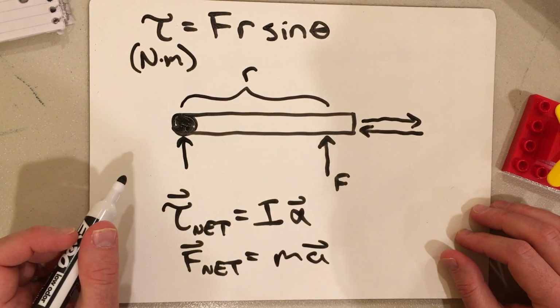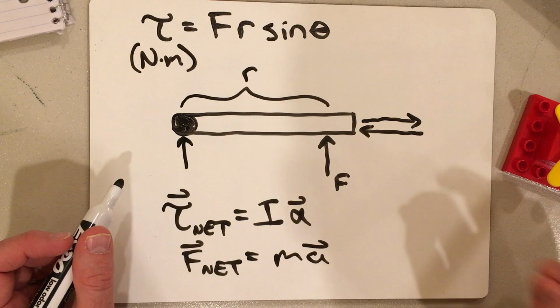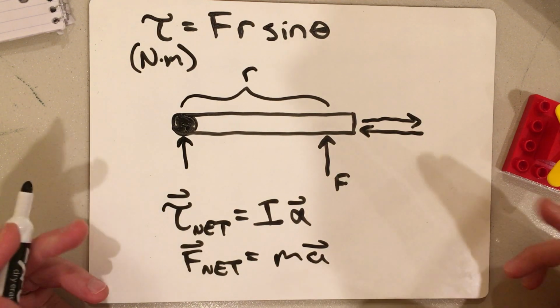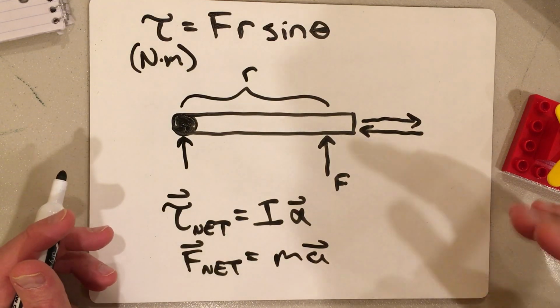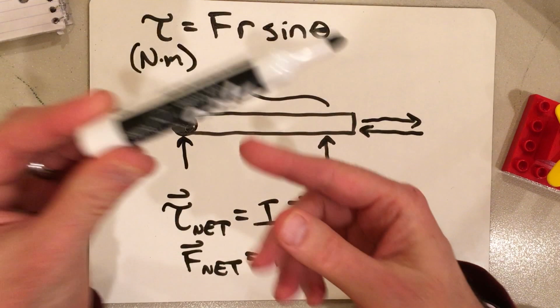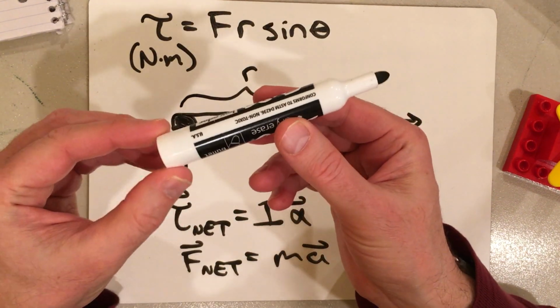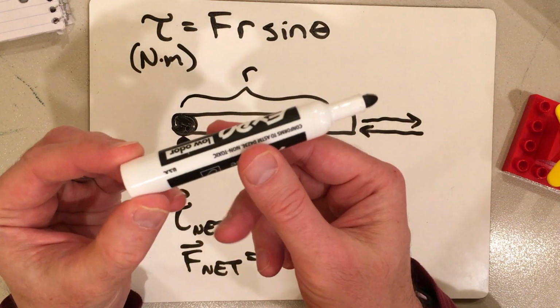The last thing I need to mention, which is vitally important for torque, has to do with gravity. Sometimes you're going to be dealing with gravity acting on something and it's going to create a torque. For example, just on this pen here, if I hold the pen at the end, gravity is creating a torque on it, it's going to cause it to rotate down.